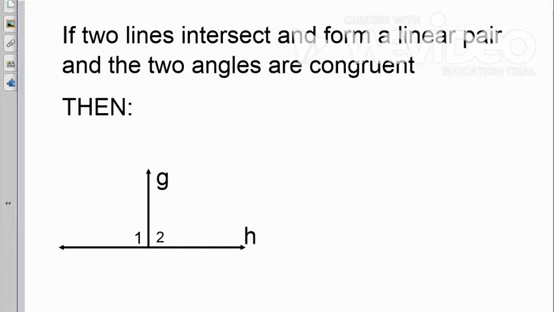If 2 lines intersect and form a linear pair, if you remember, a linear pair has 2 angles that form a straight line, which would mean that their measures are 180 degrees. And if the 2 angles are congruent, then you can state that the lines are perpendicular.